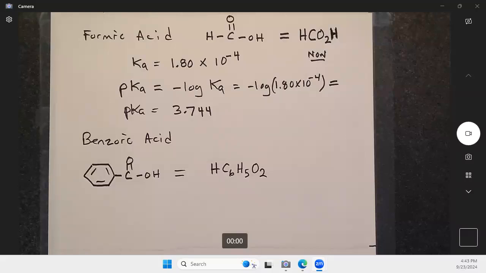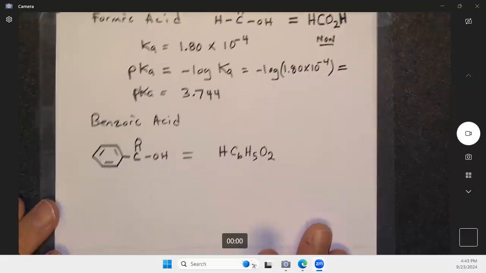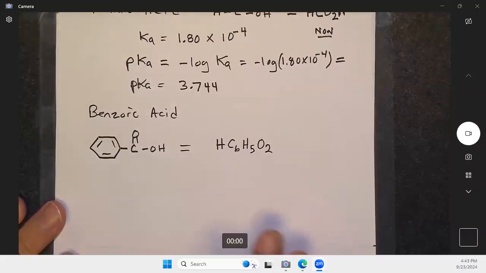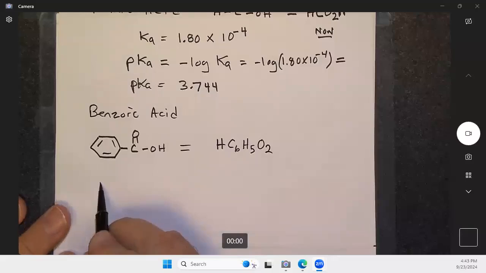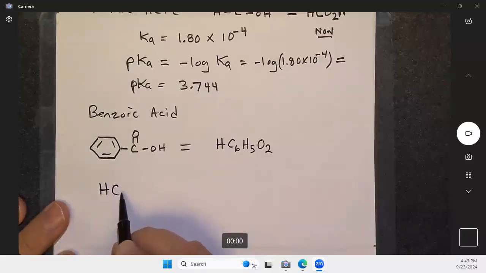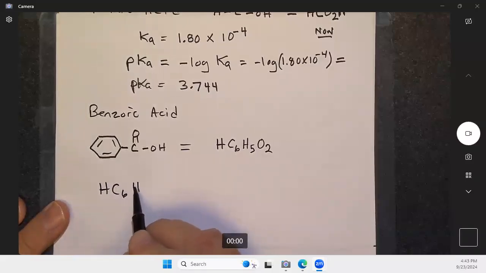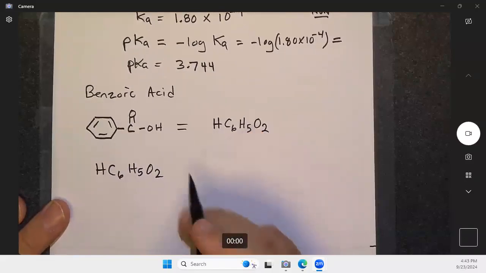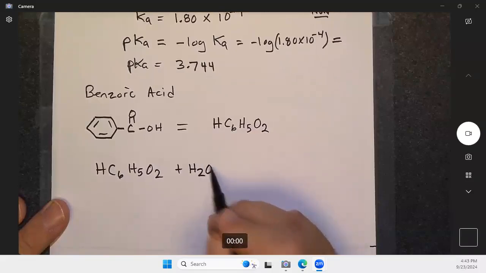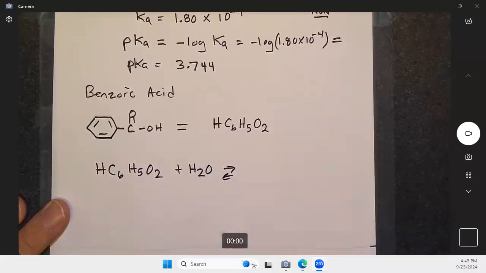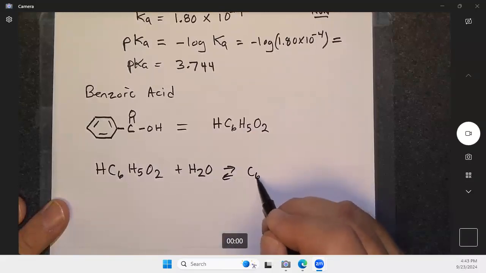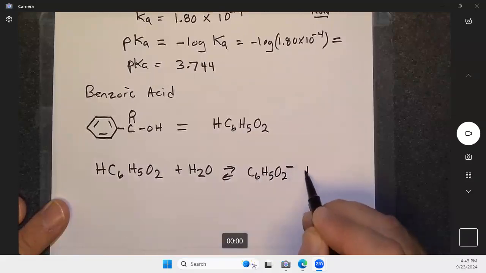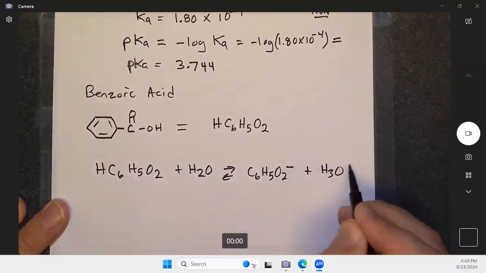So now we could write this as HC6H5O2 plus water, and then we would get C6H5O2 minus plus H3O plus.